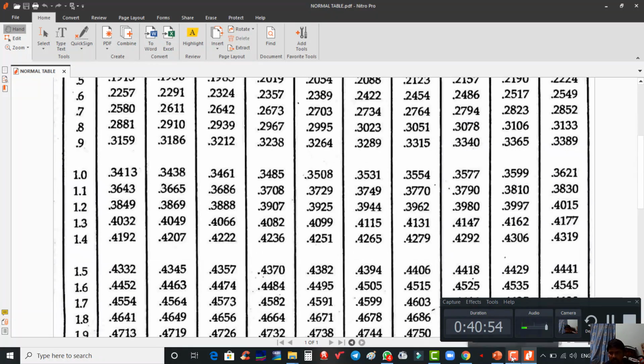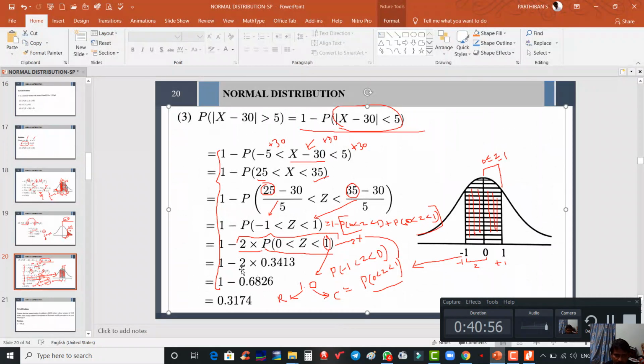This is what is given here. So 2 into 0.3413 is 0.6826, and 1 minus 0.6826 equals 0.3174.